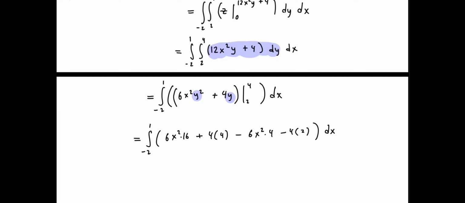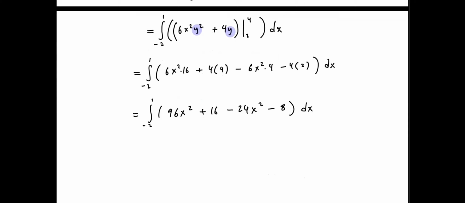A little bit of clearing before we continue. If we do 6 times 16, that's going to give us 96. So we have the integral from -2 to 1 of 96x squared plus 4 times 4, that's 16, minus 6 times 4, that'll be 24x squared, minus 8 dx.